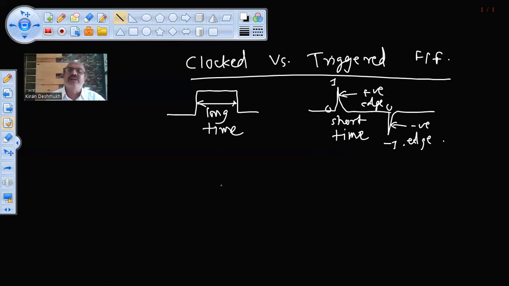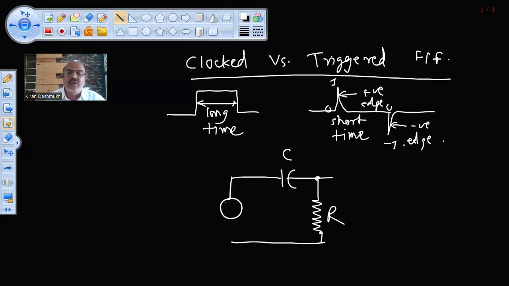Now, how do we get this type of trigger? So there is a circuit called the RC triggering circuit. This is C. This is R. And if I apply a clock here, clock input, I will get triggered out.